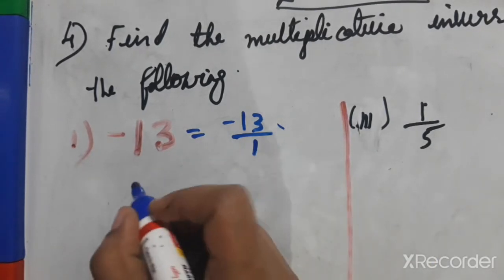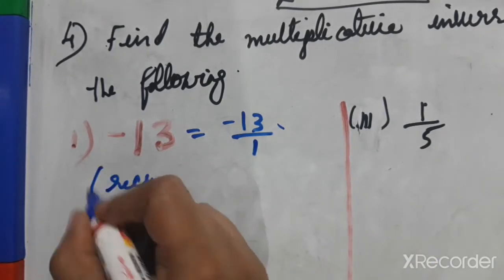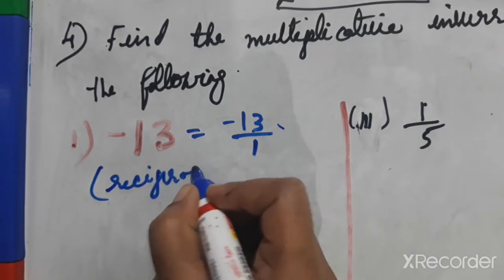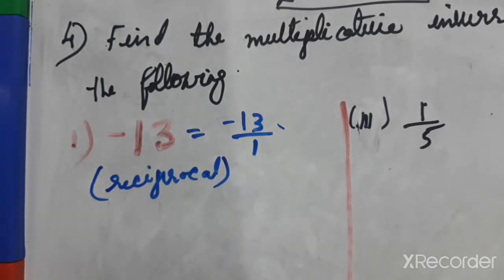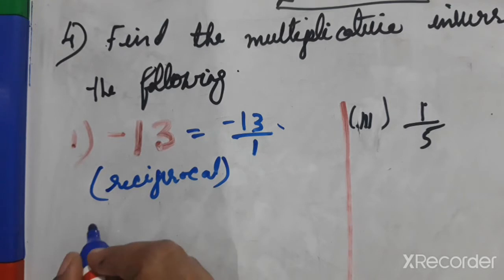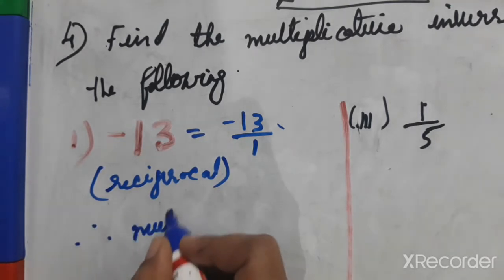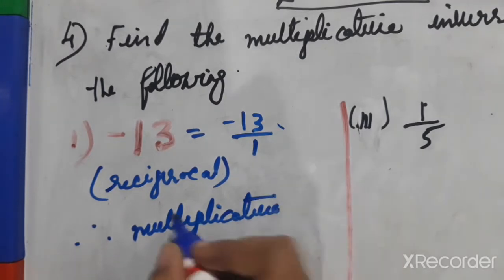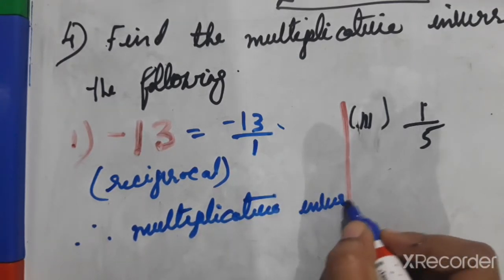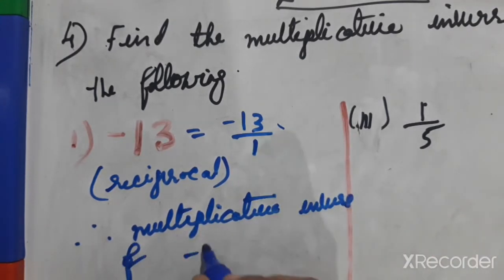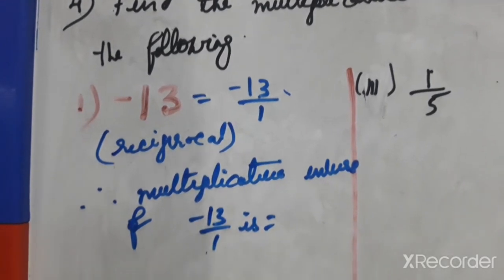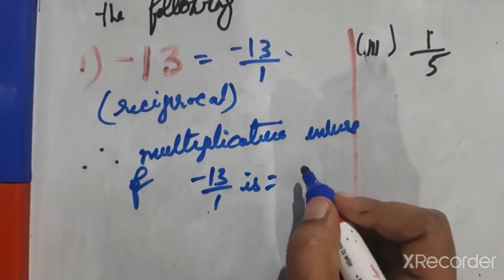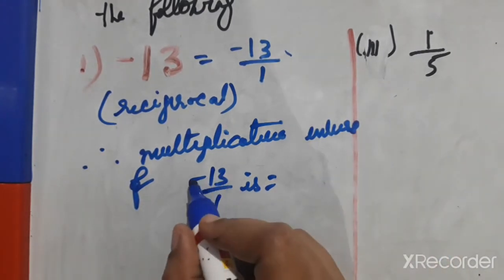Now the reciprocal of minus 13 by 1 we have to write. Therefore the multiplicative inverse of minus 13 by 1 will become minus 1 by 13.